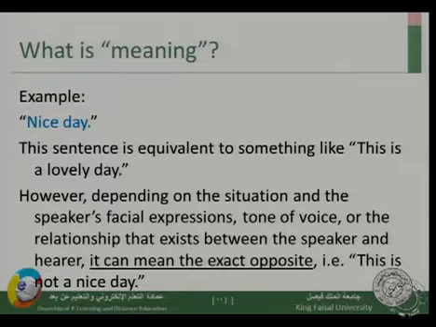It can mean actually the exact opposite. The speaker might mean, no, this is not a nice day. Depending on his tone of voice and facial expressions, it can mean something other than what we might think of at first thought.